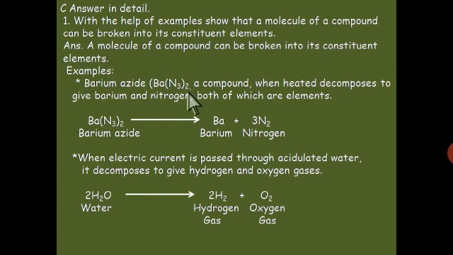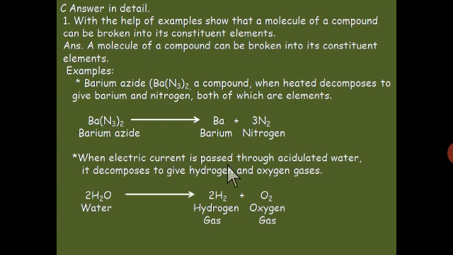This is the formula of barium azide. A compound, when heated, decomposes to give barium and nitrogen, both of which are elements. When barium azide is heated, it gives barium and nitrogen. So, with the help of this example, it is shown that a molecule of a compound can be broken into its constituent elements. One more example.